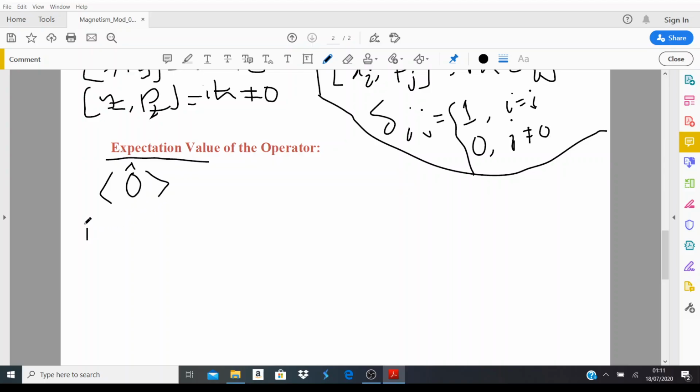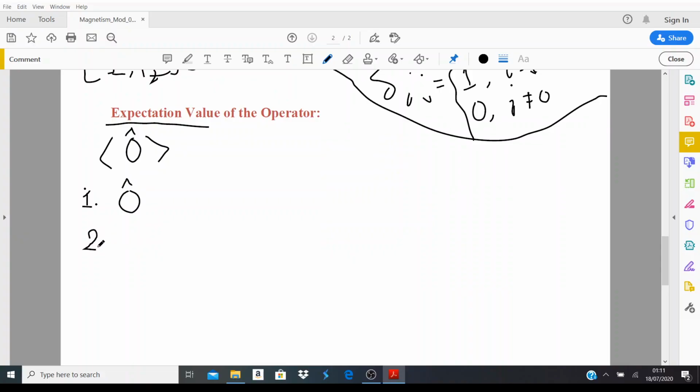For that, you need two things. You need to know the form of the operator, which operator you're talking about. And you also need the state in which you want to measure this expectation value. Let's say the state is some ket vector ψ. Having these two things in your hand, you can talk about this expectation value, where you have to sandwich your operator between the bra ψ and the ket ψ.